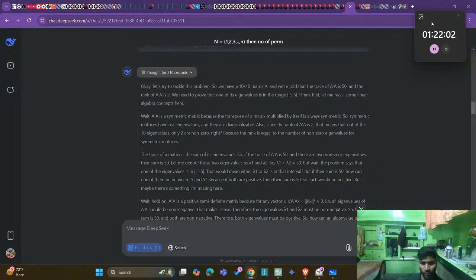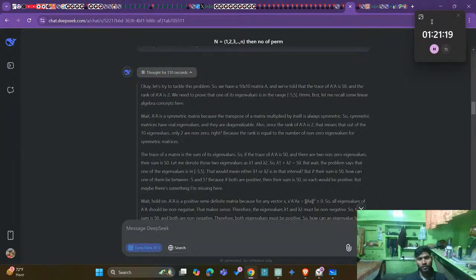Because for any symmetric matrix, the rank is equal to the number of non-zero eigenvalues.